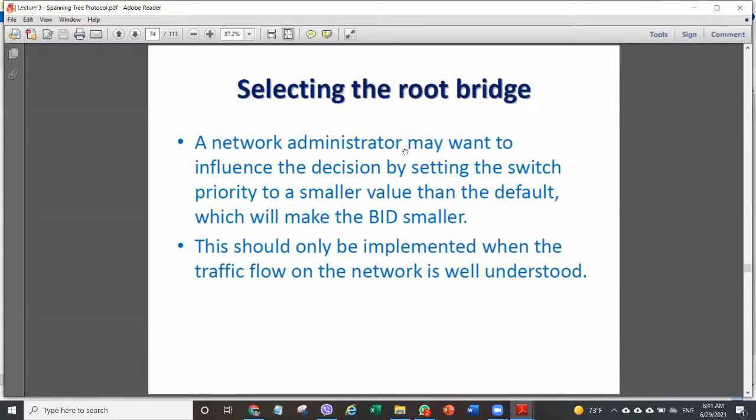Network administrator may want to influence the decision by setting the switch priority to a smaller value than the default, which will make the bridge ID smaller.